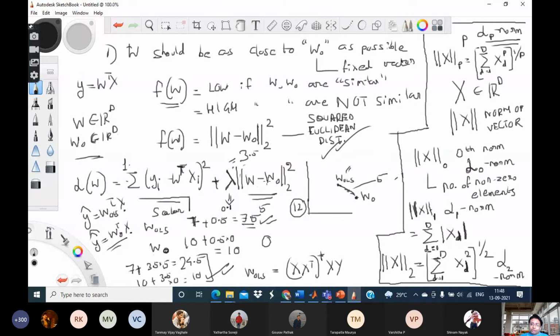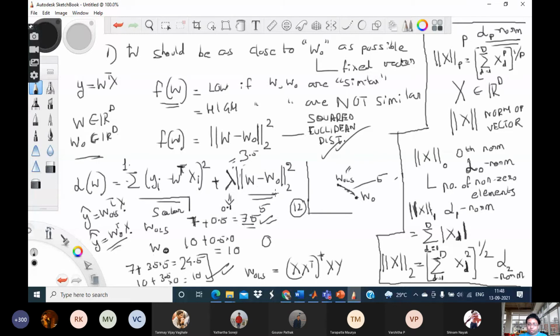Now whether that loss will come mostly from this component, because then this part will become 0. Now the question is whether the loss you will get by setting W equal to W naught is low enough for you to afford. If you had put W equal to WOLS, then this loss would have been low, this loss would have been high.